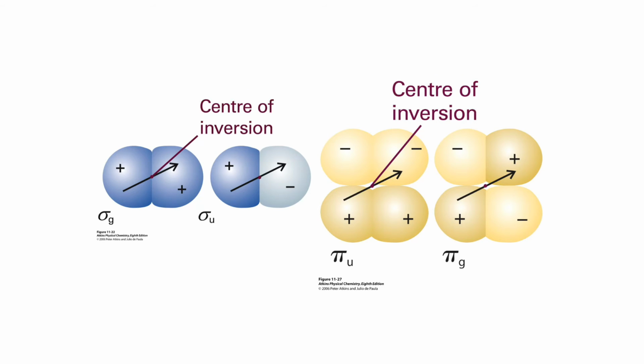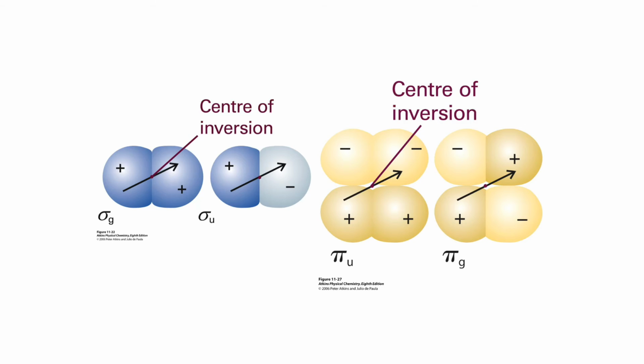So if we take the situation where we had two s orbitals of the same sign coming together, we get that constructive overlap in this case. If I flip this molecular orbital inside out with respect to the center of my molecule, ask yourself, does the sign change when I do that?